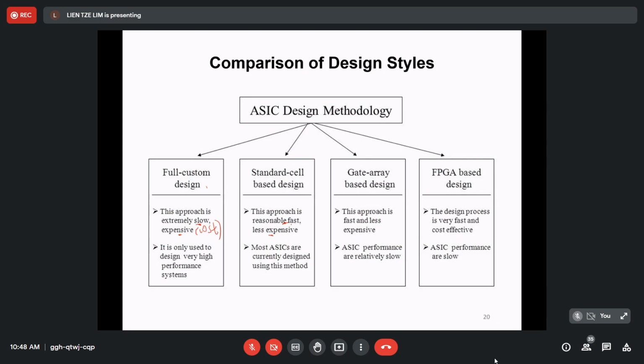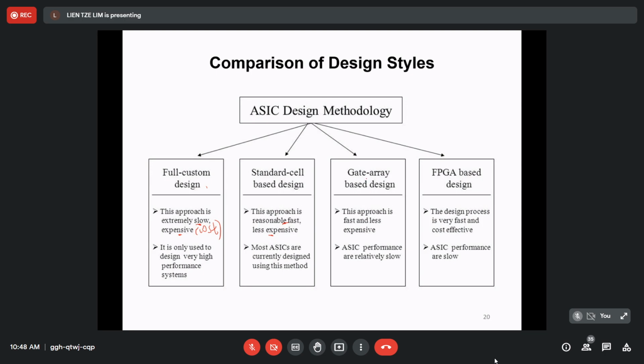So you must understand that this approach is reasonably fast because it is compared with full custom design, and less expensive, also compared with full custom design. Most ASICs are currently designed using this method.